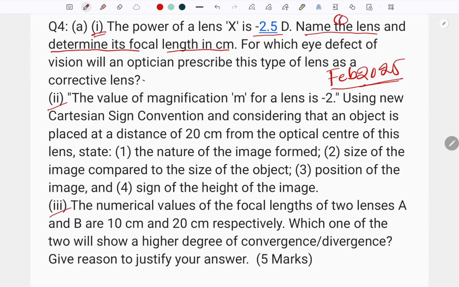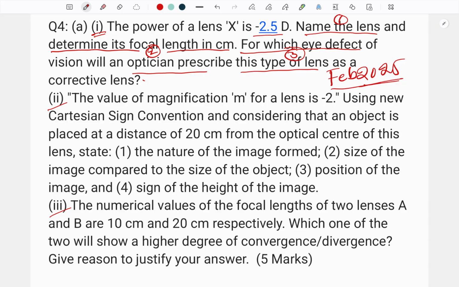Then we have to determine the focal length. And third, for which eye defect of vision will an optician prescribe this type of lens as a corrective lens. We have to find out what defect it is recommended for. This is the first part of the question.